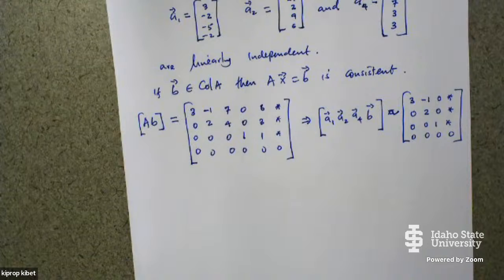So we get a pivot position in each one of them. If it is a 3 by 3 matrix, we can ignore this. Then we have 3 pivot positions, therefore this matrix here is linearly independent.